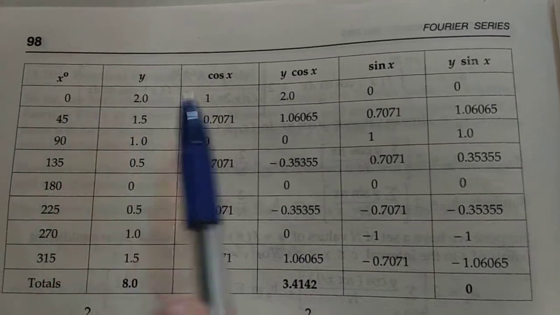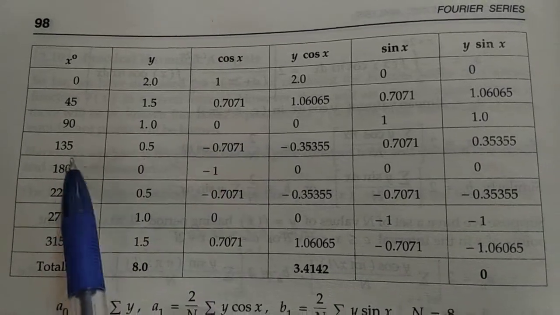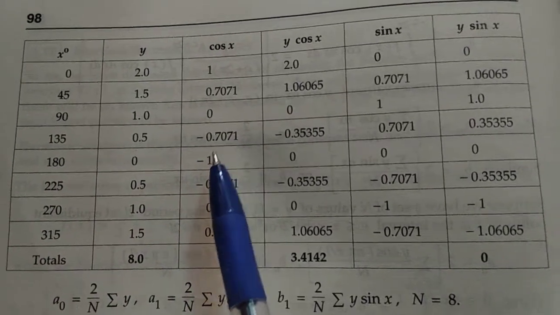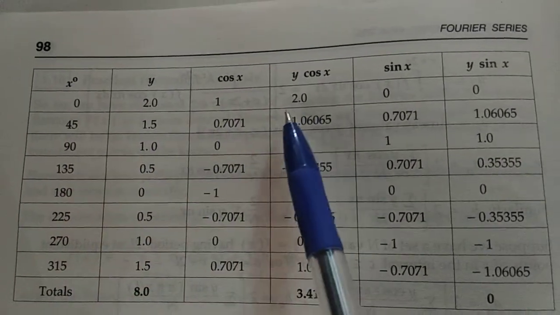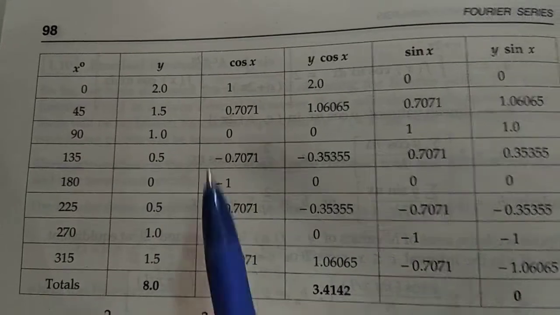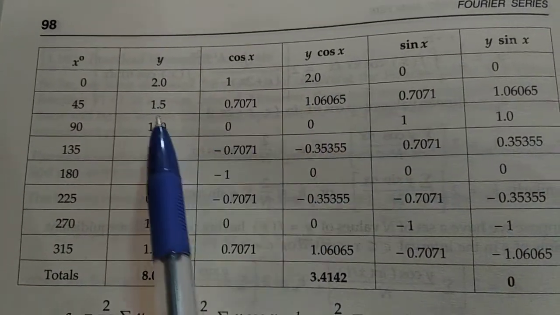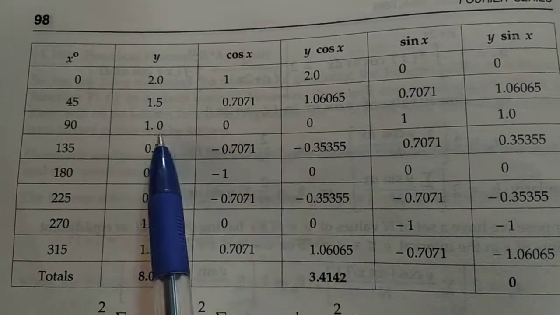So cos 0 is 1, cos 45 is 0.7, cos 90 is 0, and then cos 135. You have to use the calculator to fill in all these cos values. Next, y into cos x, the y column times the cos x column. So 2 into 1 is 2, 1.5 into 0.7, and 1.0 into 0.